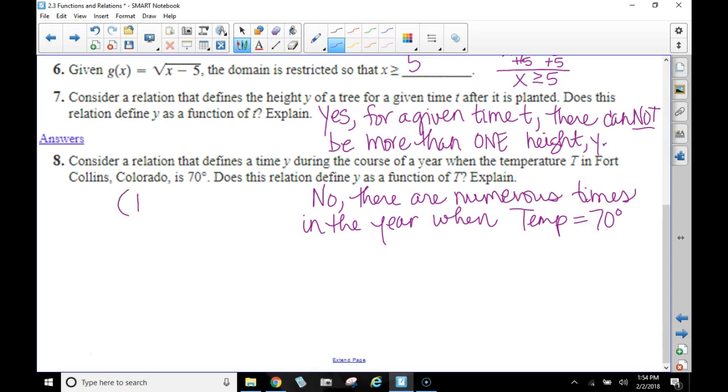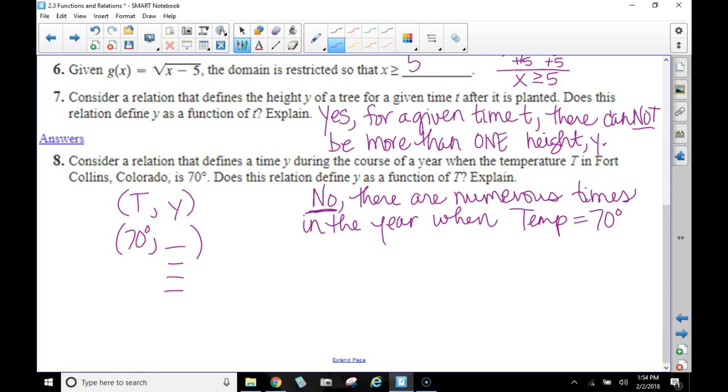You need to look at t temperature values, comma y, which means times of year, and you need to see if a temperature of 70 degrees can happen for multiple times of the year, and we decided yes it could. That's why this one was not a function.